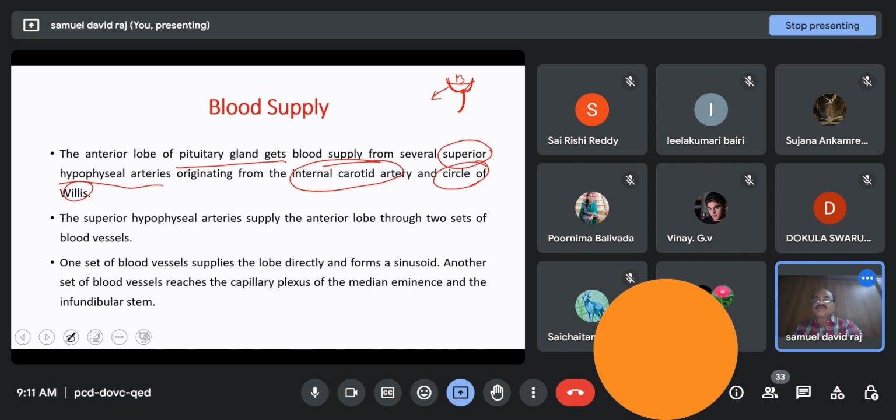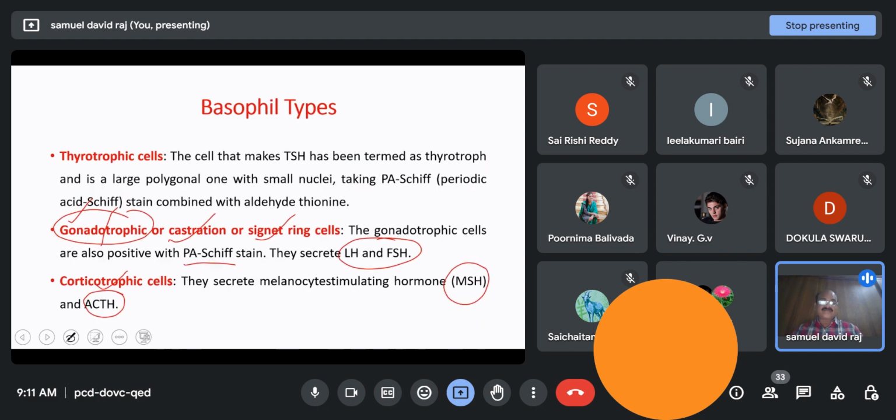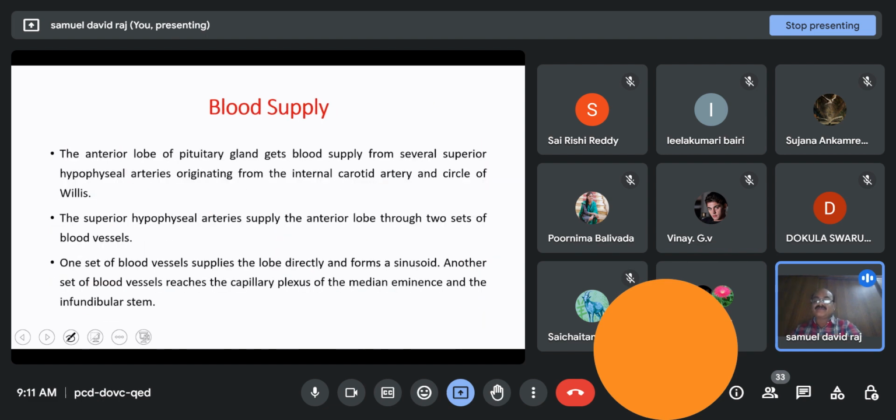What you actually have to remember is how the pituitary gland is supplied blood. It is supplied blood by the internal carotid artery. This internal carotid artery divides into a number of superior hypophyseal arteries, and these supply blood to the pituitary gland.